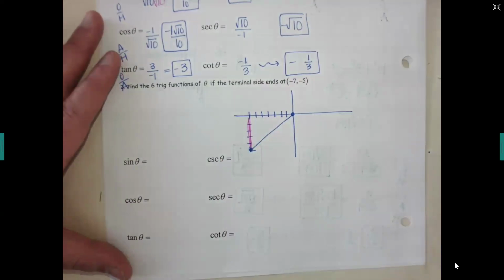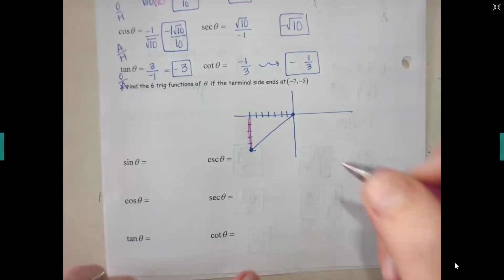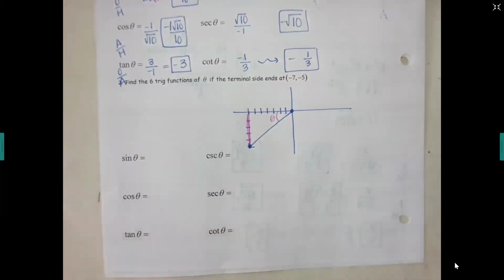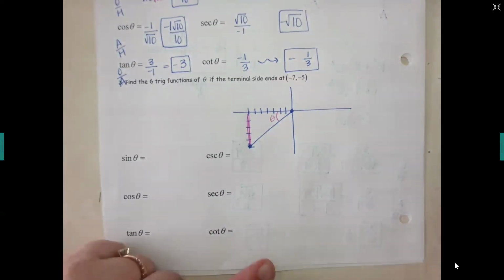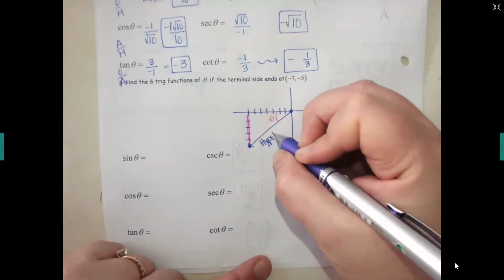And remember that your theta will always be what we're going to call the central angle, which is the one that's touching the origin. From there, go ahead and label your opposite, adjacent, and hypotenuse. The hypotenuse is going to be the diagonal or the ray.